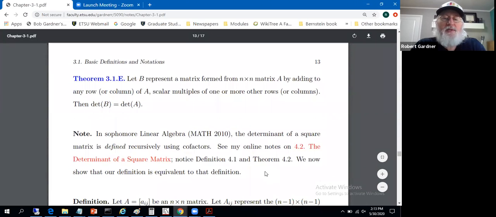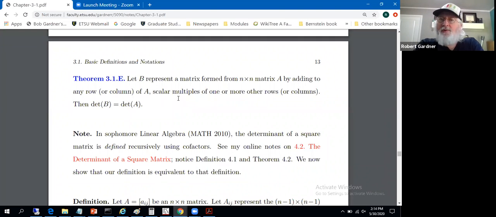All right, here it's stated more generally. Here it says if B represents a matrix formed from an n by n matrix A by adding to any row or column of A scalar multiples of one or more other rows or columns, then the determinant remains unchanged. So they haven't simply added a multiple of one row to another row.